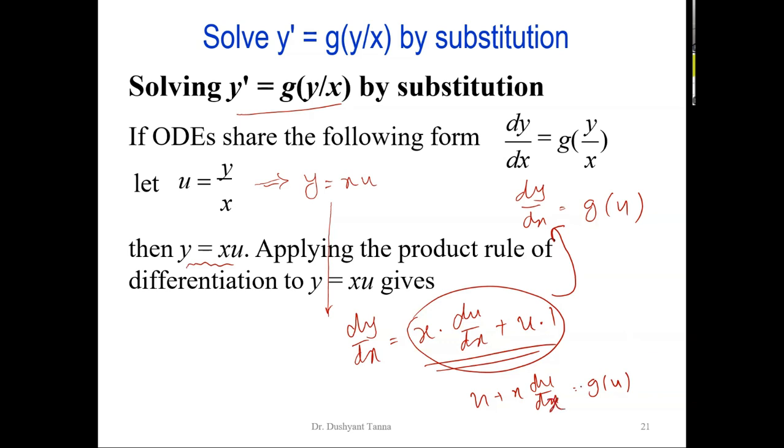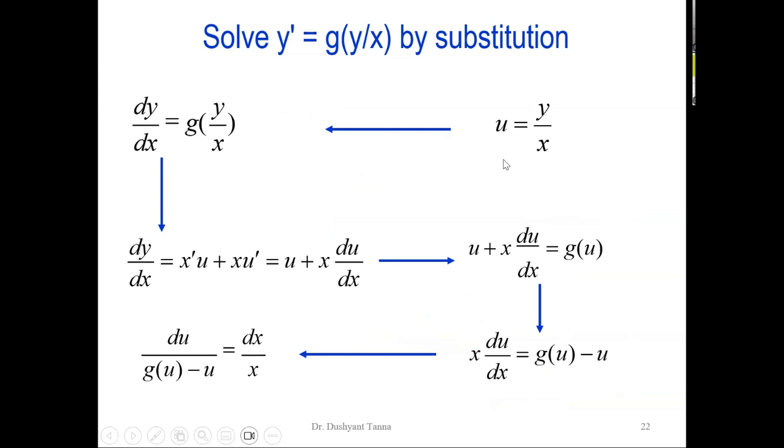The example will make more sense. Theoretically, with x, y, and u, what's happening will not make great sense. Still, there are steps. What's to be done? y on x will be replaced by u. So the whole form of the given differential equation, what will happen?